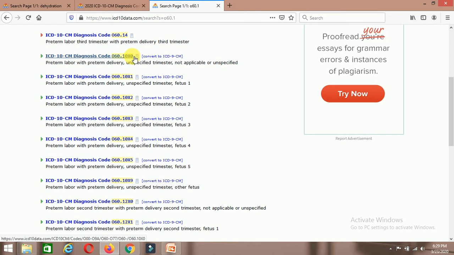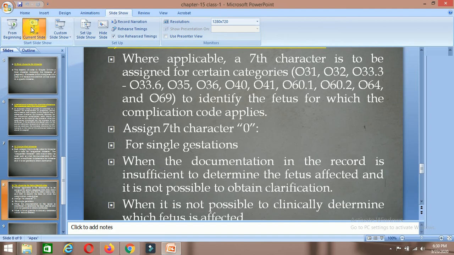If it is not clear which fetus, we code the seventh character 0. If it is fetus 1, then 1. Like that, for each seventh character we have the ICDs to identify the fetus. If nothing is clinically determined, we have to assign seventh character 0, not applicable or unspecified, as clearly given. Like that we have to code the ICDs.